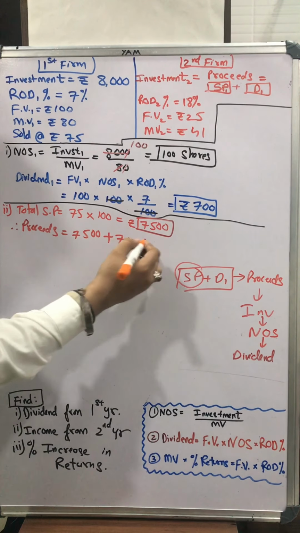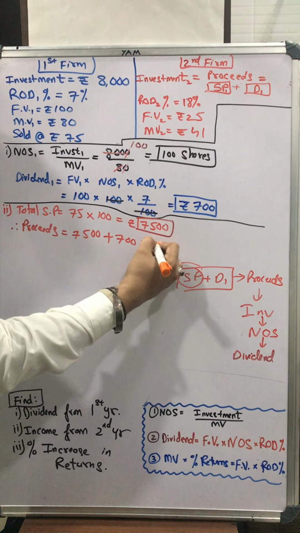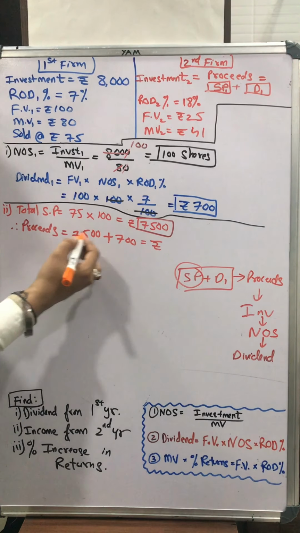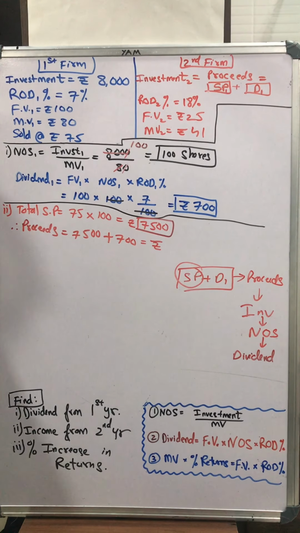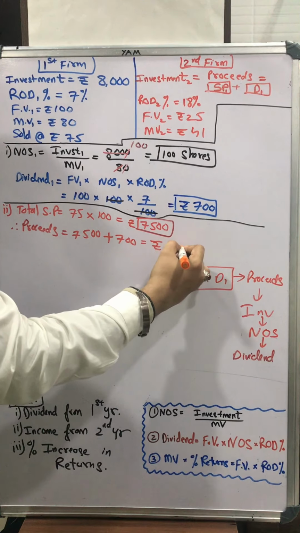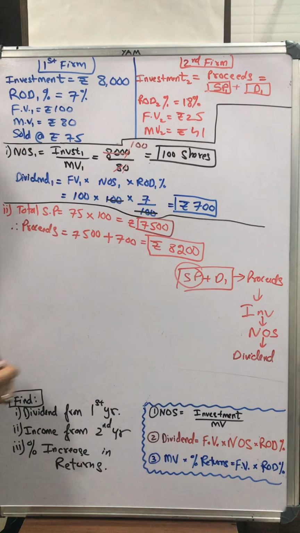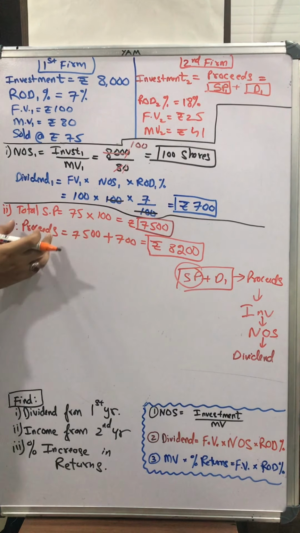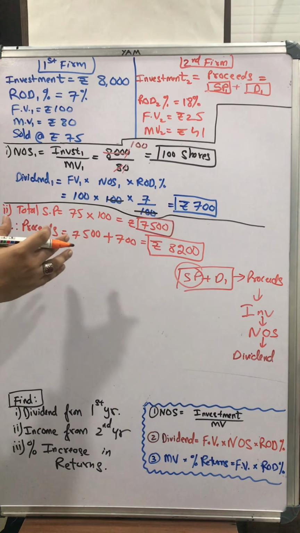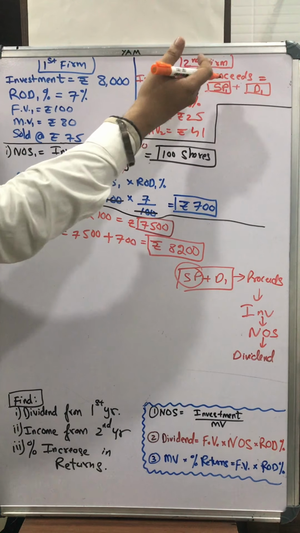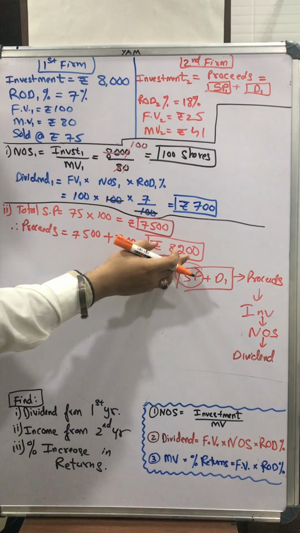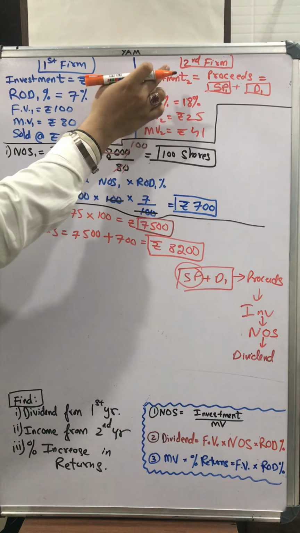If I add both, rupees 7500 plus 700 is 8200 rupees. This is nothing but the proceeds, the total amount he invested in the second firm. So this 8200 will act as the investment for the second firm.